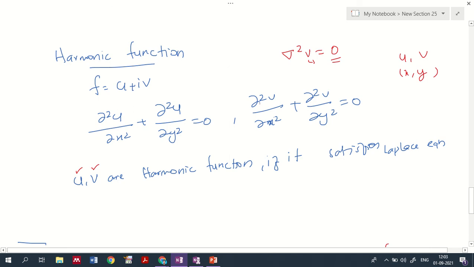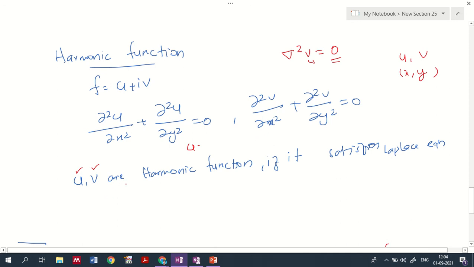Another case is that you can also say that del square v by del x square plus del square v by del y square equal to 0. Sometimes you may have u harmonic and v not harmonic, so there will be some cases like that also.